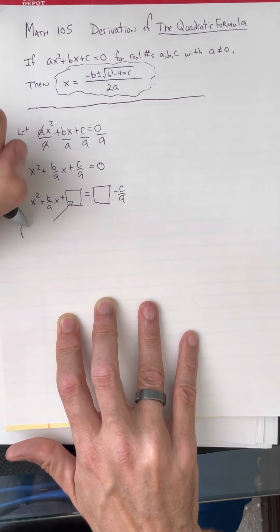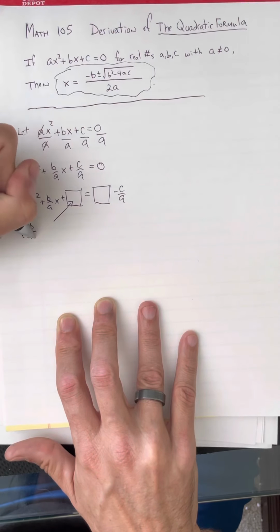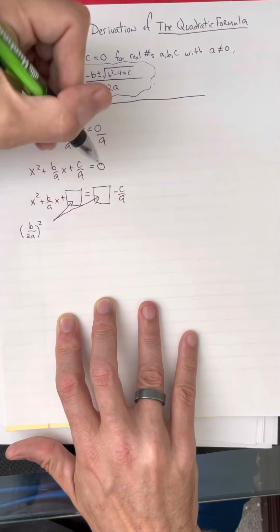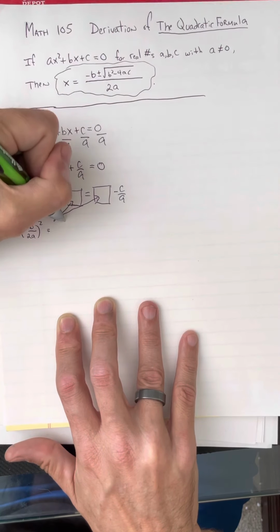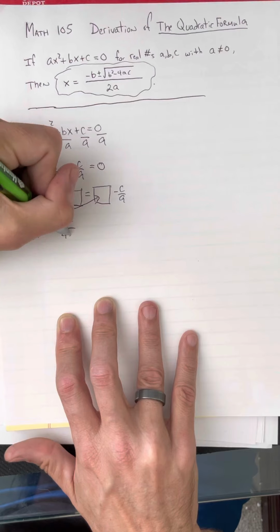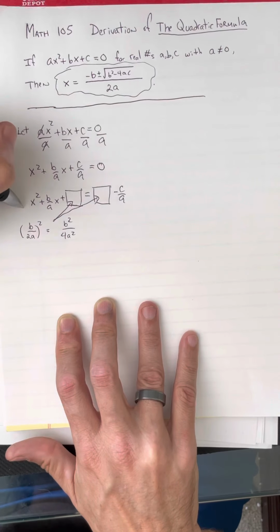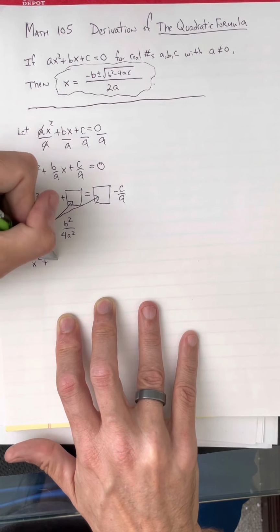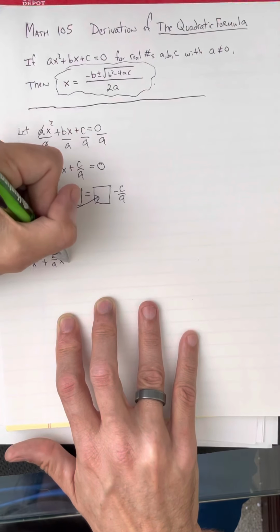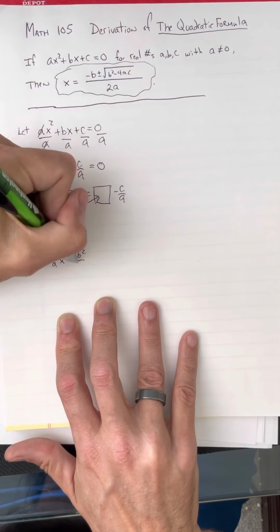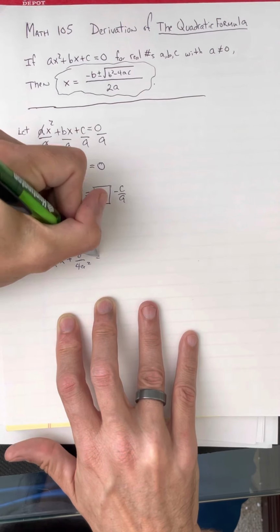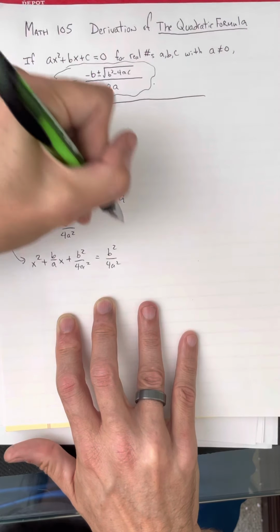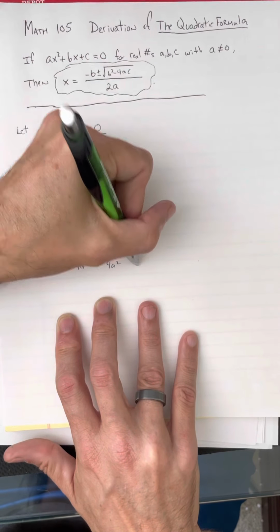So what I have to add is b over 2a, squared, and again, I have to put it on both sides. That winds up being b squared over 4a squared. So if I do that, I get x squared plus b over a x plus b squared over 4a squared equals b squared over 4a squared minus c over a.